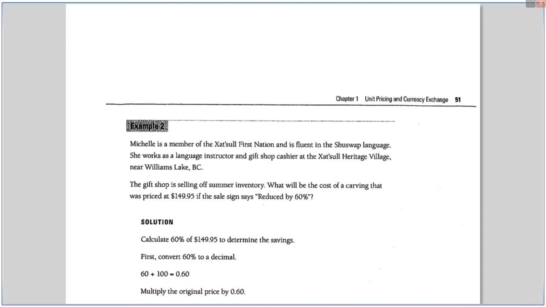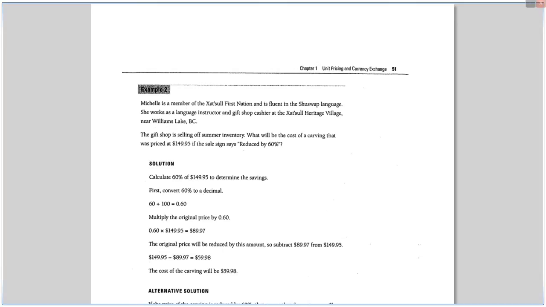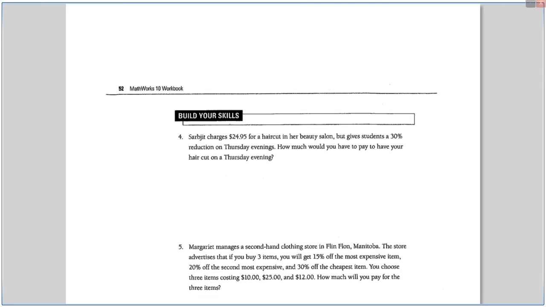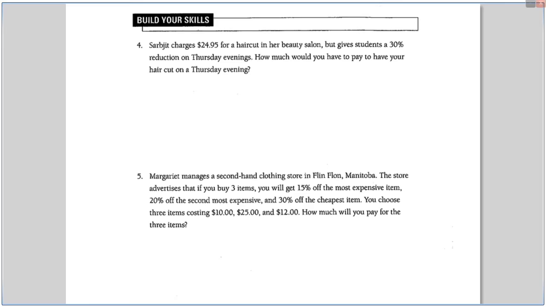Alright, so the next example will be about what's the cost after a discount. So basically you find out how much the savings are, and then you subtract those savings from the original price. Alright, so this one says here's a price.